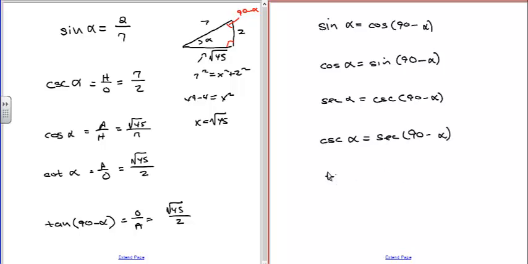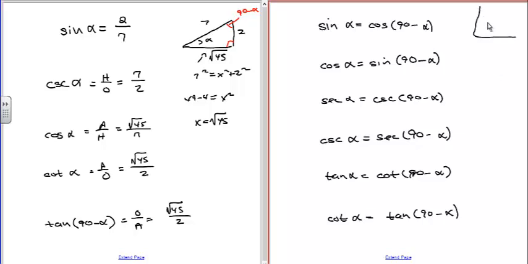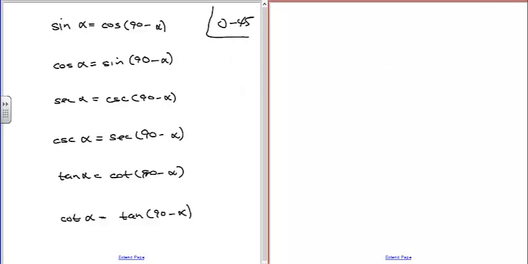The tangent of alpha is equal to the cotangent of 90 minus alpha, and the cotangent of alpha is equal to the tangent of 90 minus alpha. The whole idea here is, if you have a table, you only need them from 0 to 45, because you can always get the angles between 45 and 90 by using these formulas. If you're using tables, which we don't use anymore.